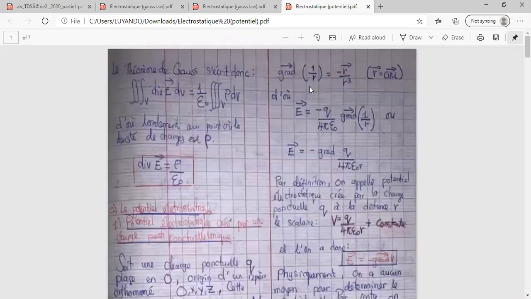I said what you have to do is simply differentiate what you have inside here. If I differentiate what I have inside here, I'm going to have negative 1 over R squared, n'est-ce pas? And then the gradient has a direction.